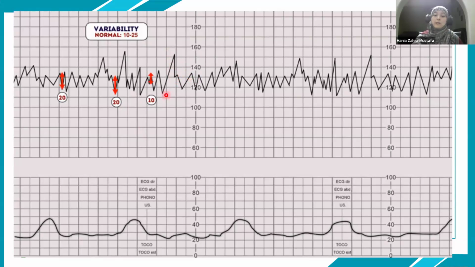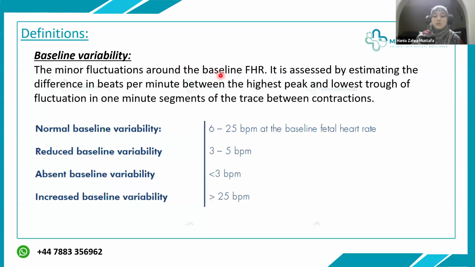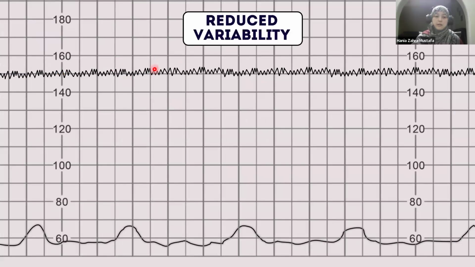So this up and down of the fetal heart rate is the baseline variability. It is normal to have baseline variability of about 6 to 25 beats per minute. And if it is about 3 to 5 beats per minute, you will call it reduced fetal heart rate variability.